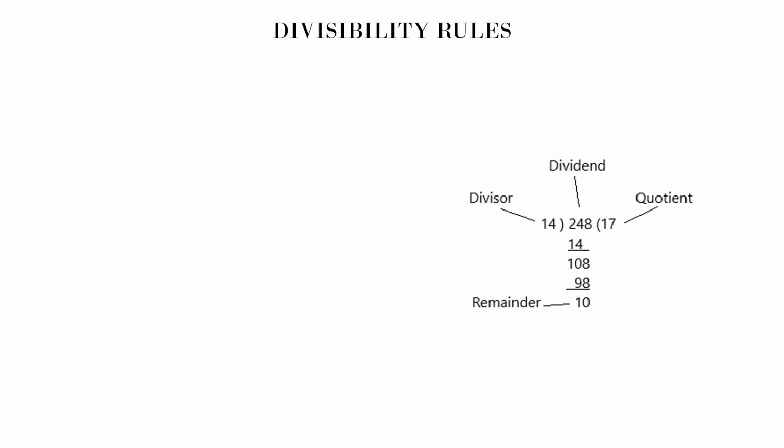Now coming to the division algorithm, here we can represent a number. Suppose 248 is the number, this is the dividend, and this number is divided by 14. This 14 which divides this number is called the divisor, and whatever result we get here is the quotient. That means 14 divides 248 17 times, leaving 10 as remainder.